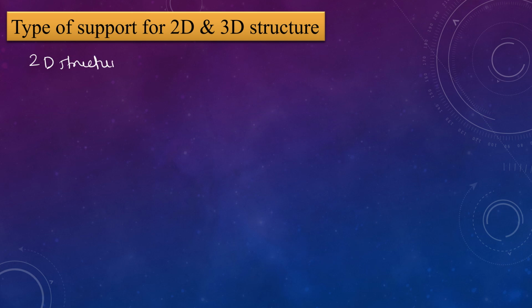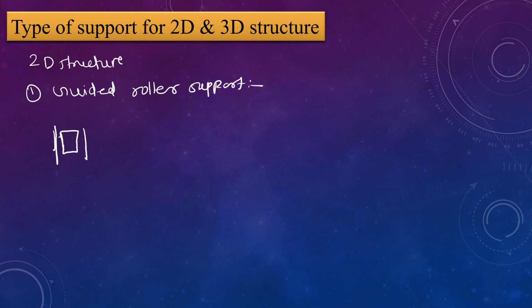So for 2D structure, first support is guided roller support. So this is the guided roller support. First, the guided roller support in a vertical direction is called a vertical guided roller support, and second one is in horizontal direction, and this is known as a horizontal guided roller support.